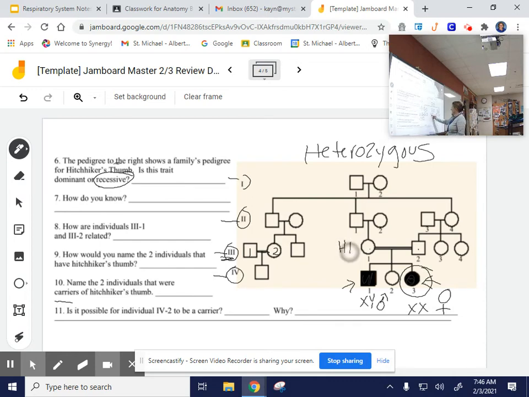I'm using H's because we usually use the letter of the trait. So we're saying that this son is homozygous recessive. This daughter is homozygous recessive. So that means this allele came to this son, and that was the mother. So the mother gave this allele. The father had to have given this allele.